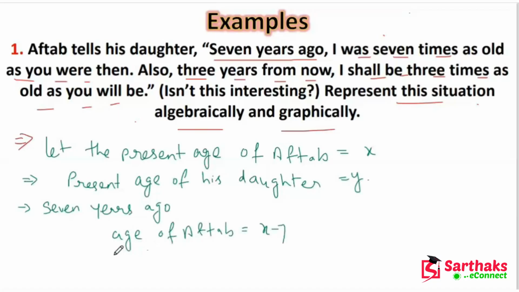And the age of his daughter is y minus 7. Okay, so according to the question, ATQ means according to question, x minus 7 is equal to 7 times of y minus 7.